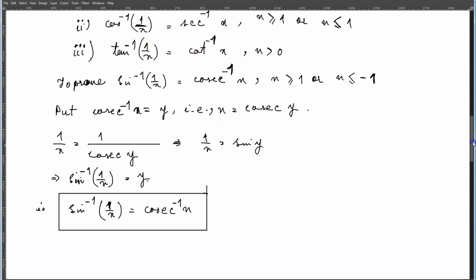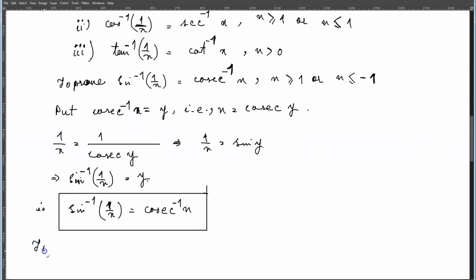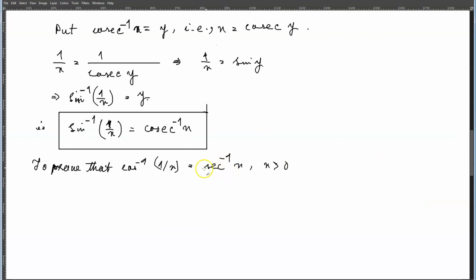For example, if you want to prove that the cos inverse of 1 by x is equal to secant inverse of x for x greater than 0, you can set secant inverse of x equal to y, which means that x is equal to secant of y.